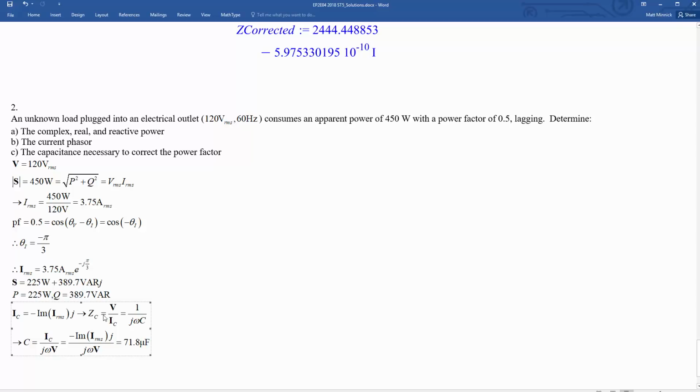And this tells you what the capacitive impedance should be, which you can work out to find the capacitance. And then as a check, we added the capacitance in parallel with the original load. We found the original load by taking the ratio of the voltage and the current phasors, and then we confirmed that this is now completely real, so we've corrected the power factor.